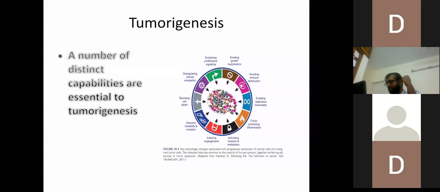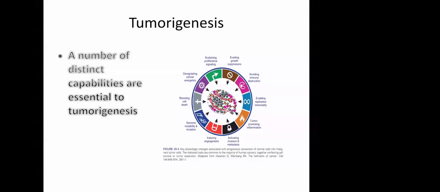And I'm back, and we are going to start again with tumorigenesis. So tumorigenesis means the tumor cell has distinct capabilities. It has different physiological processes it is capable of, and it is able to initiate the tumor. It is going to progress through the different stages, and it is going to invade and metastasize. So these are all the different stages. First is sustaining proliferative signaling.